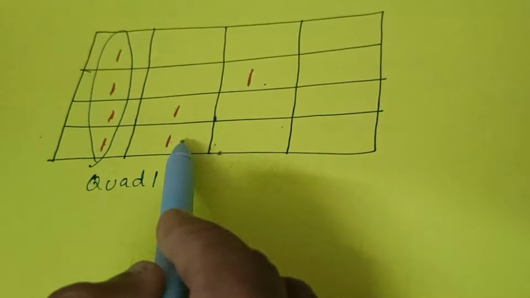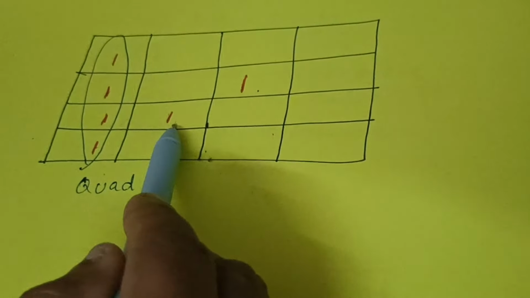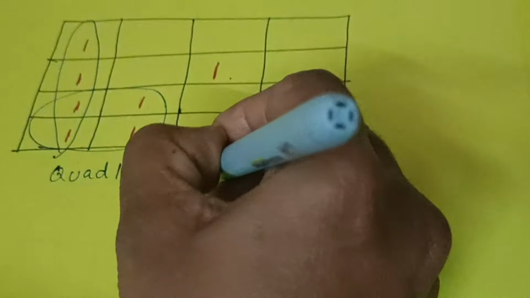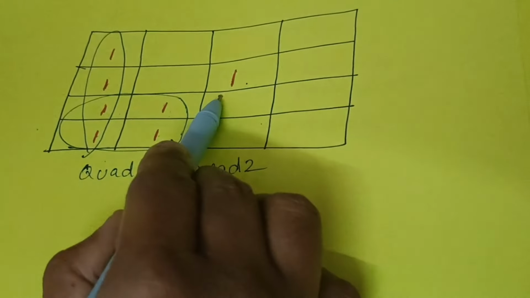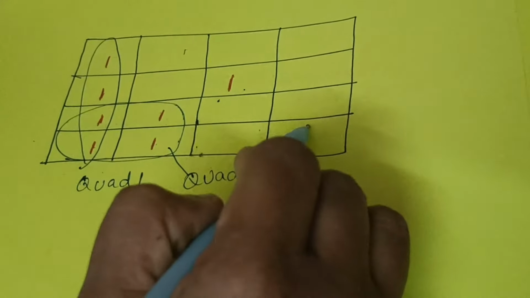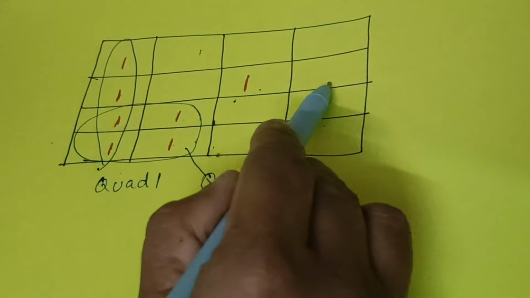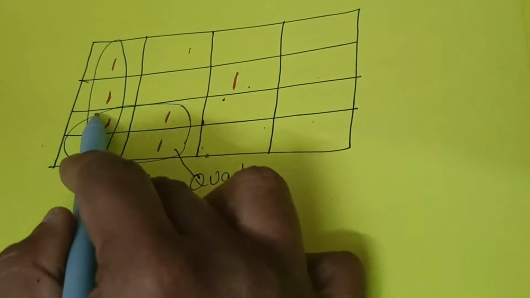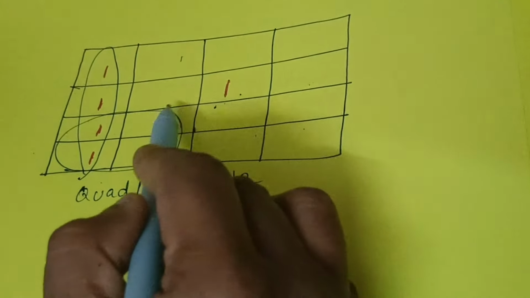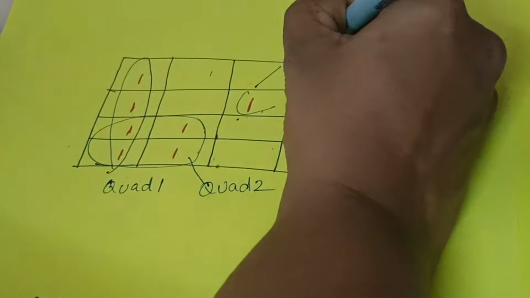These two, don't make it a pair. There is a possibility of a quad here, so make it a quad. So now quad 2. What about this one? Can you do it with any possibility? Make sure this one is not in the corner. If it is in the corner, you can make a pair, but it is in the center. You can't do anything, so it becomes a single.